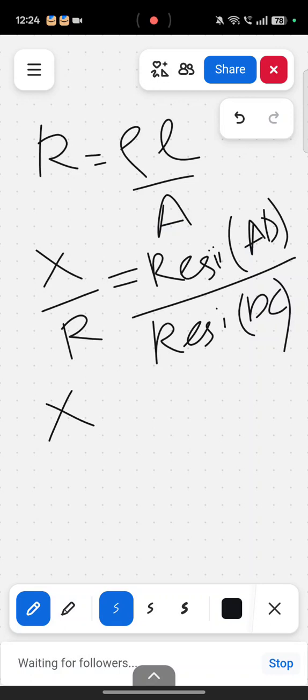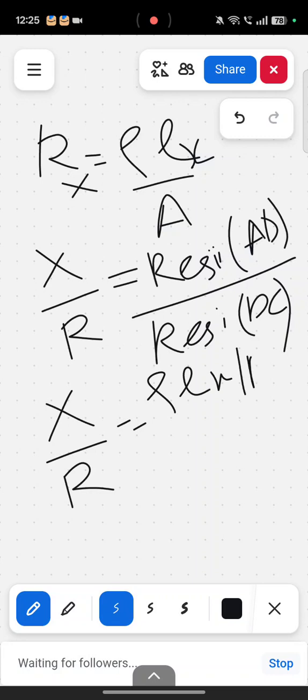So X upon R is equal to, the resistance with respect to the unknown resistance will be rho Lx upon A, because rho and area are constant and only the length Lx changes.